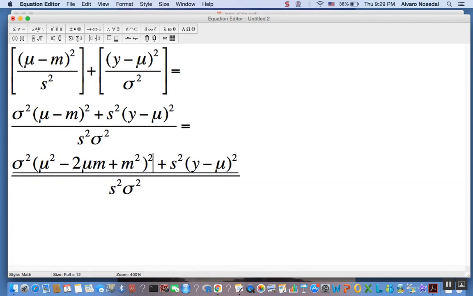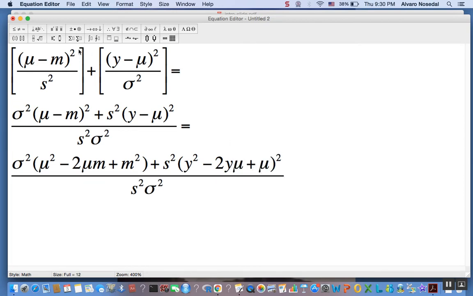Okay, so we no longer need that exponent there, we just expanded this, (mu minus m) squared. Let's do the same with this one here. So we're going to have y squared minus 2 times y times mu plus mu squared. Agreed? Okay.